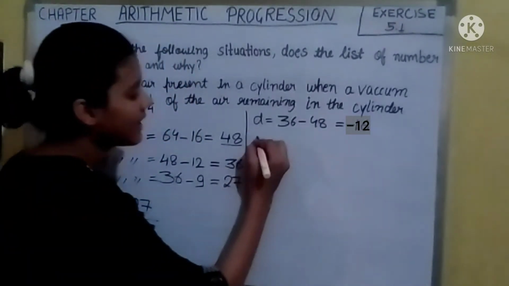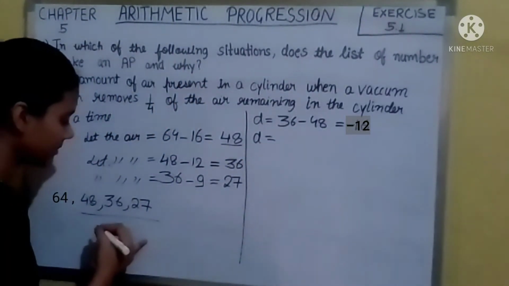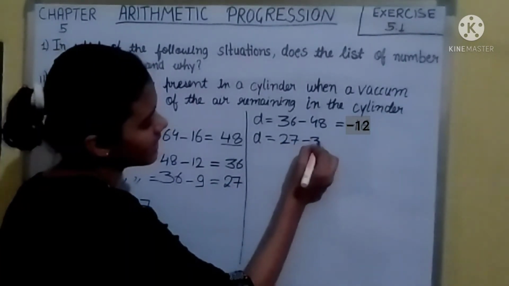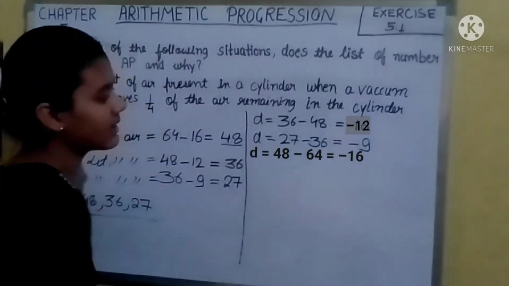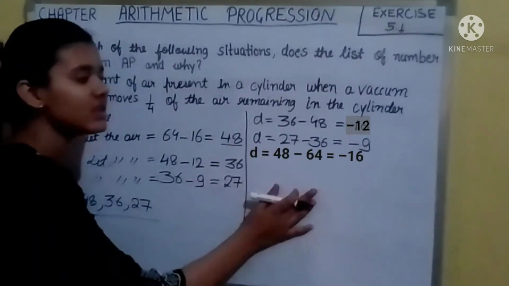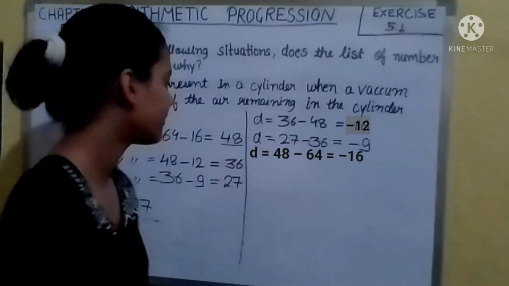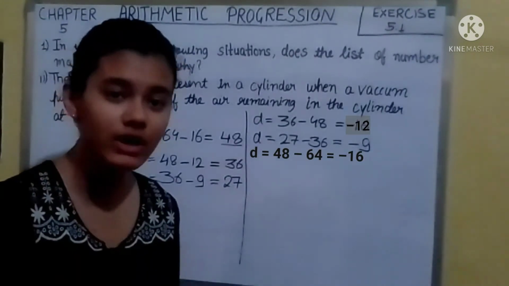Then D is equal to 27 minus 36, we will get minus 9. So we can see over here that the difference between them is different. So that means that this is not an AP.